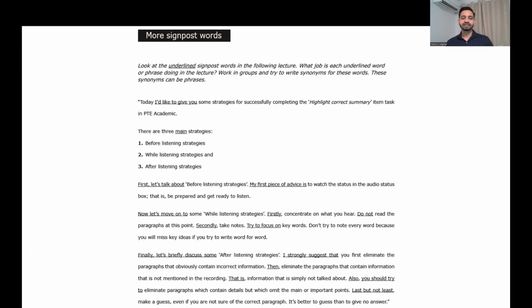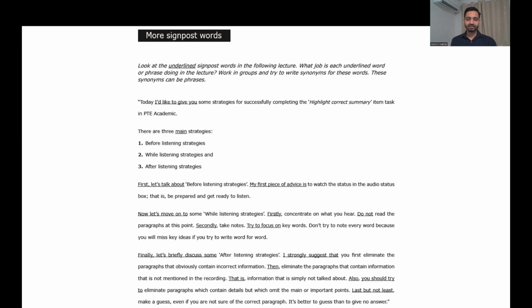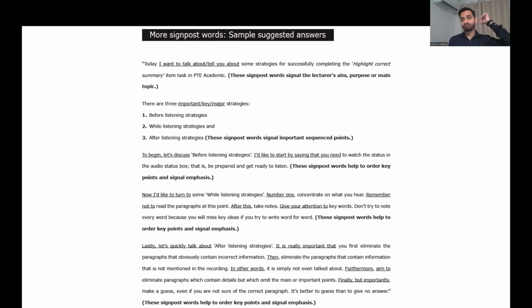Instead of "finally, let's briefly discuss some", I can say "lastly", or "finally". So a synonym is "let's quickly talk about". Briefly discuss or quickly talk about, same thing. You're just paraphrasing. Instead of "I strongly suggest that", "it is really important that", okay? Instead of "then", "then" is fine as well.